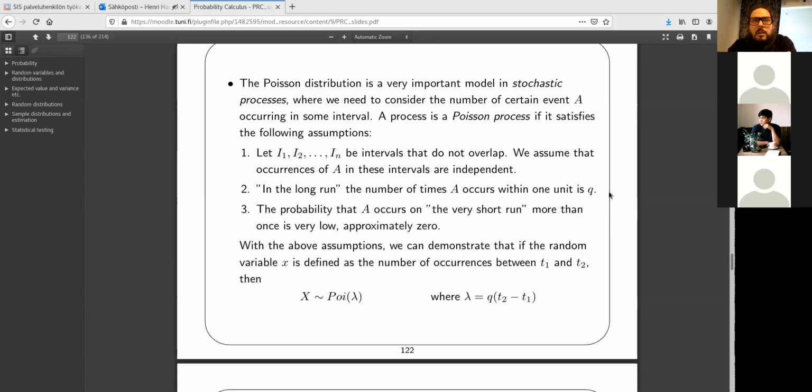There are others. Very often it's used as a model for traffic accidents, or certain illnesses occurring in the general population, not transmissible diseases, but something like heart attacks that occur in a certain area within a time interval.